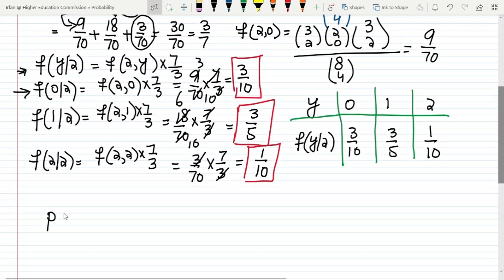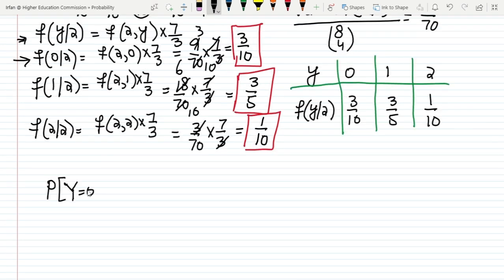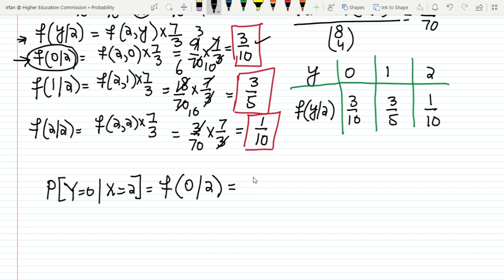So the probability that y is equal to 0 given that x is equal to 2 is also the joint density such that y is equal to 0 given that x is equal to 2. That is already known, we had already found it out, and this was 3 by 10, which is the solution of part B of our question.